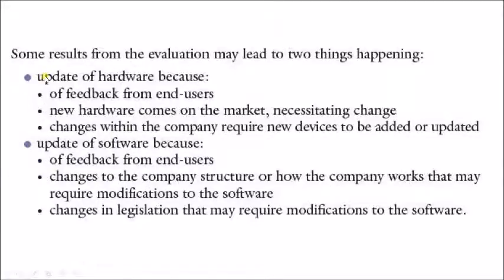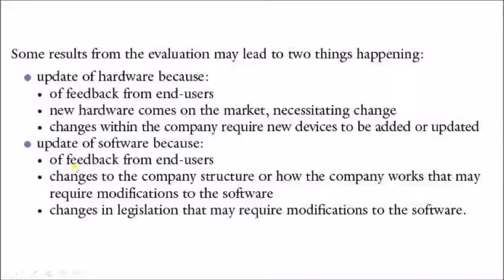Now, some results from the evaluation may lead to 2 things happening. First, update of hardware. Why? Because of feedback from the end users, new hardware coming on the market, and changes within the company requiring new devices to be added or updated. Second, update of software.